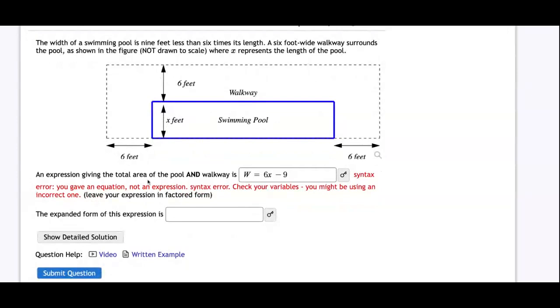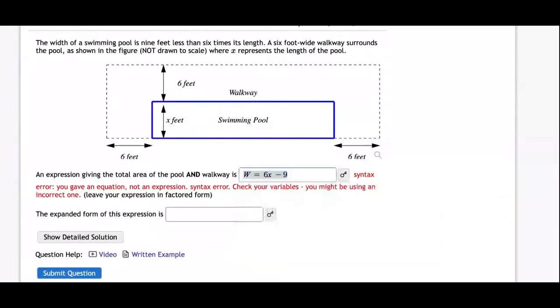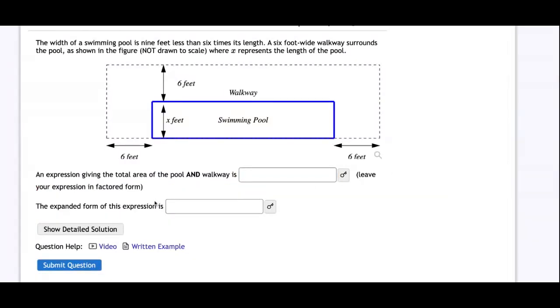An expression given the total area of the pool and the walkway. So the pool and the walkway, remember it's length times width, right? So given the total area of the pool and the walkway, so everything, do we see the dashed line is another rectangle? So all we have to do is figure out the length and the width of the dashed rectangle.